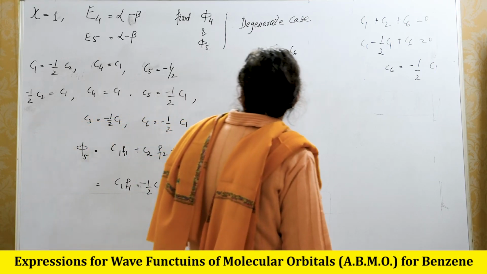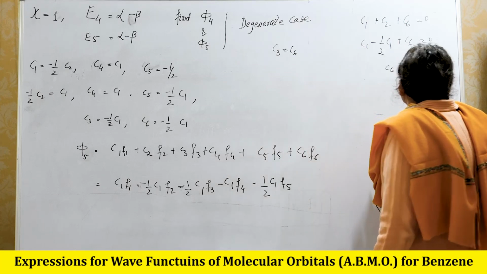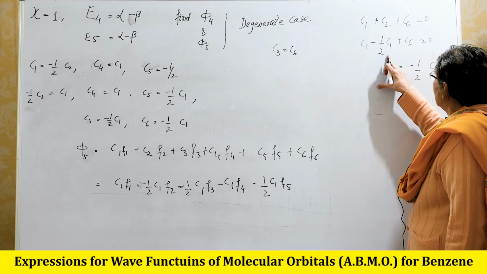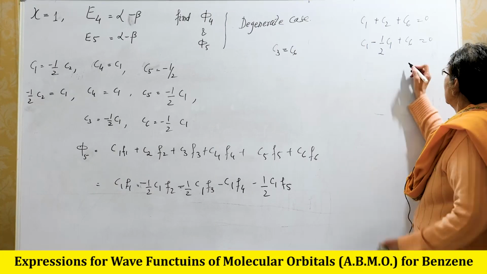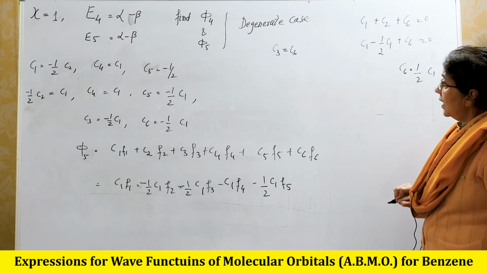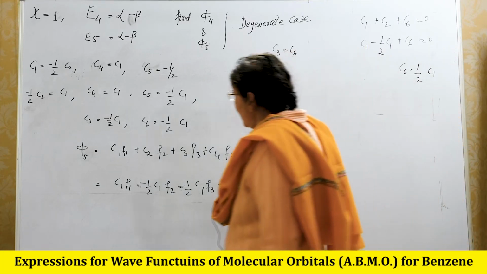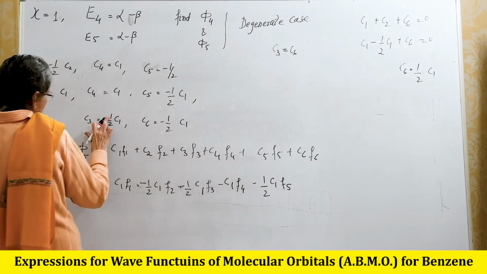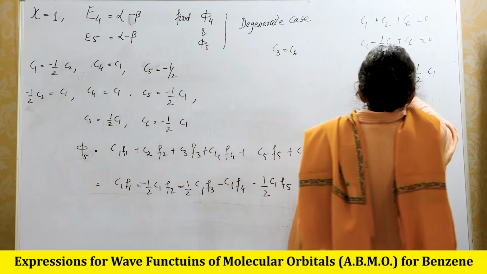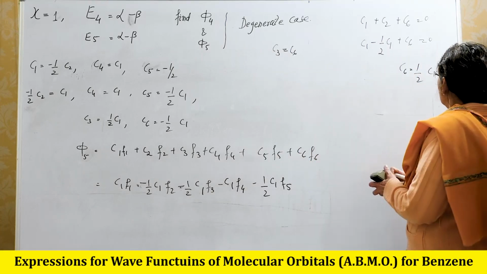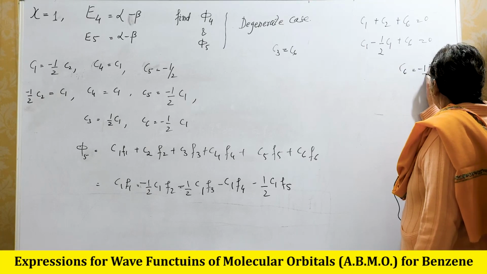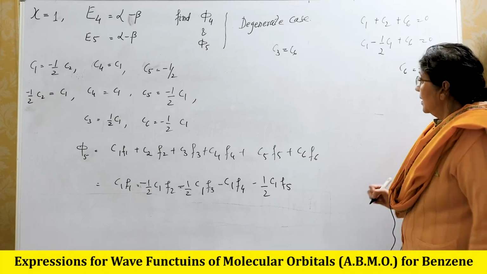C6. I should calculate again that C1 is C1, C2 is minus half C1. So C3 will also be minus half C1, and C6 is equal to minus half C1.